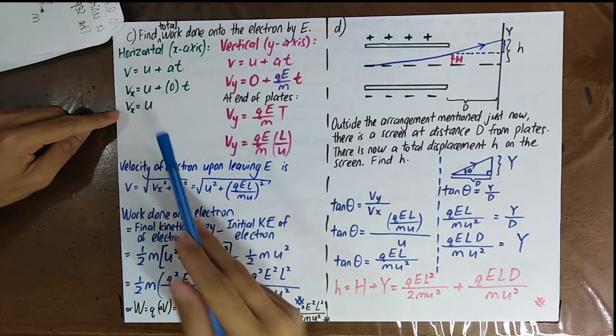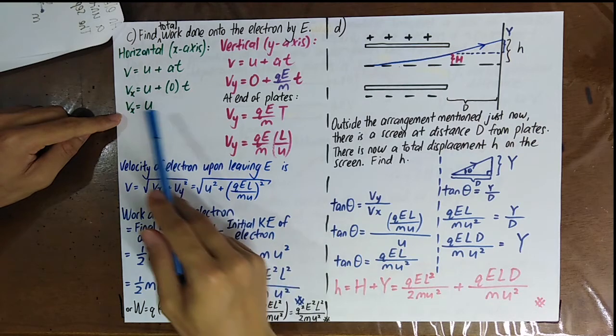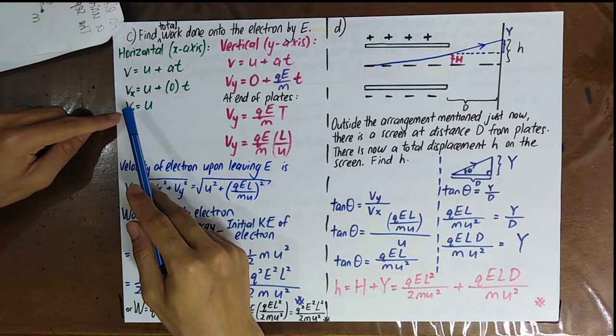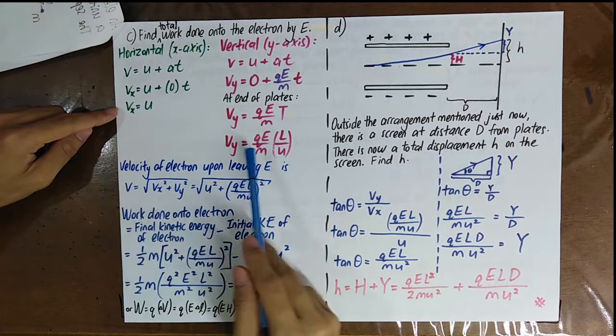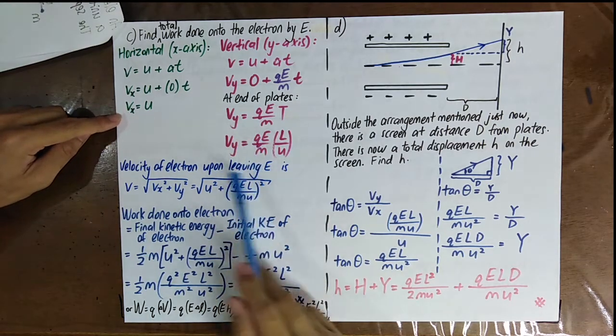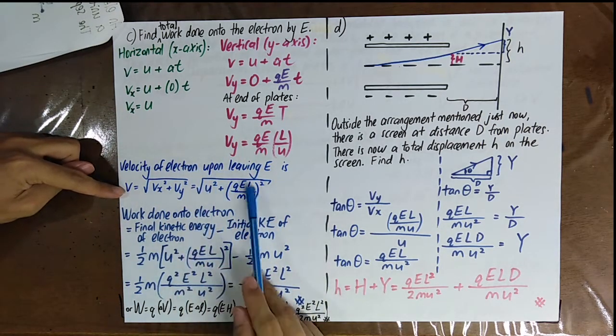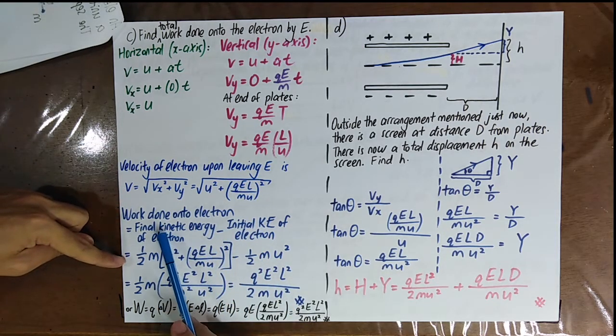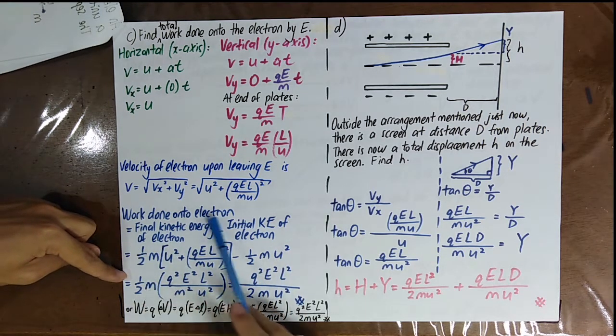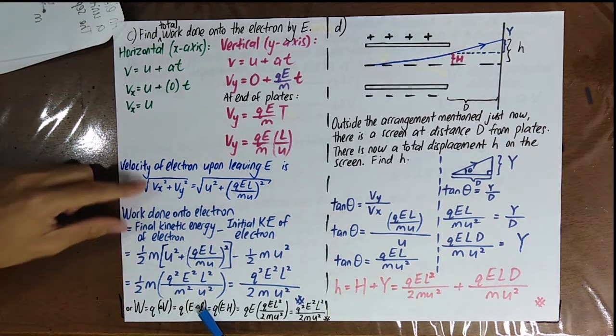After you know the final velocity in the horizontal motion and the final velocity in the vertical motion, you can get the final net velocity of the electron, and then you can use the difference in kinetic energy of the electron, which is half mv squared minus half mu squared, to find out the work done onto the electron. Or you can use work done onto the electron equal to q delta v, where delta v is the difference in the potential experienced by the electron.